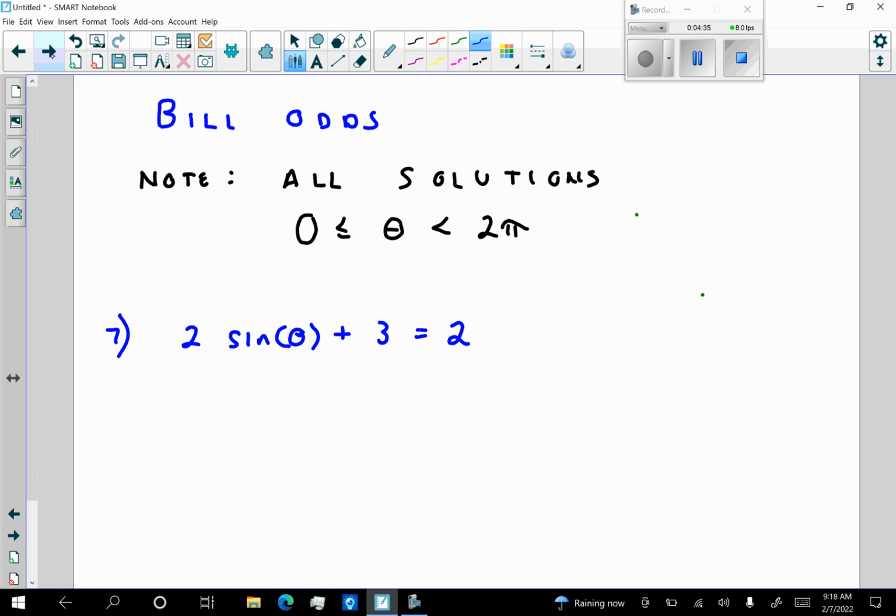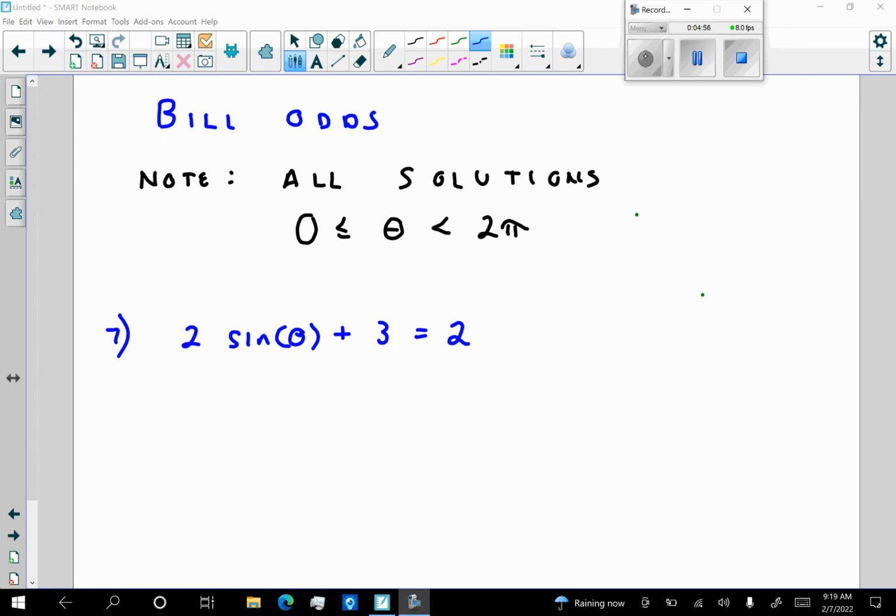The other thing we need to note about the bill handout is we only want the solutions for theta between 0 and 2 pi, including 0, not including 2 pi. That's out there on the bill, and all of you have a bill copy.